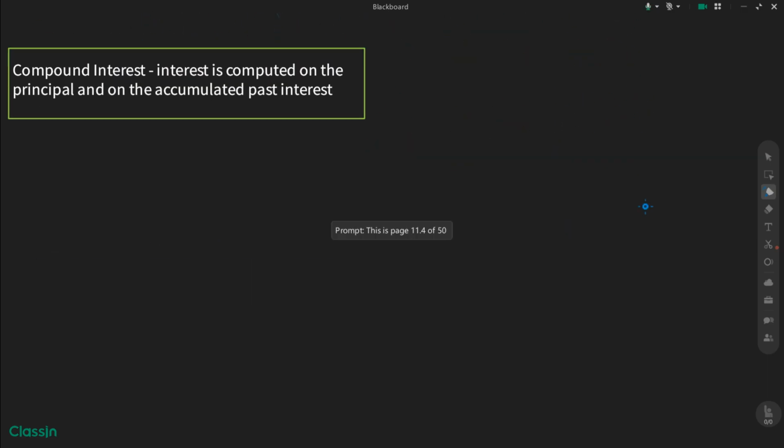Okay, now let's move on. What about the compound interest? It is an interest wherein it is computed on the principal and on the accumulated past interest.